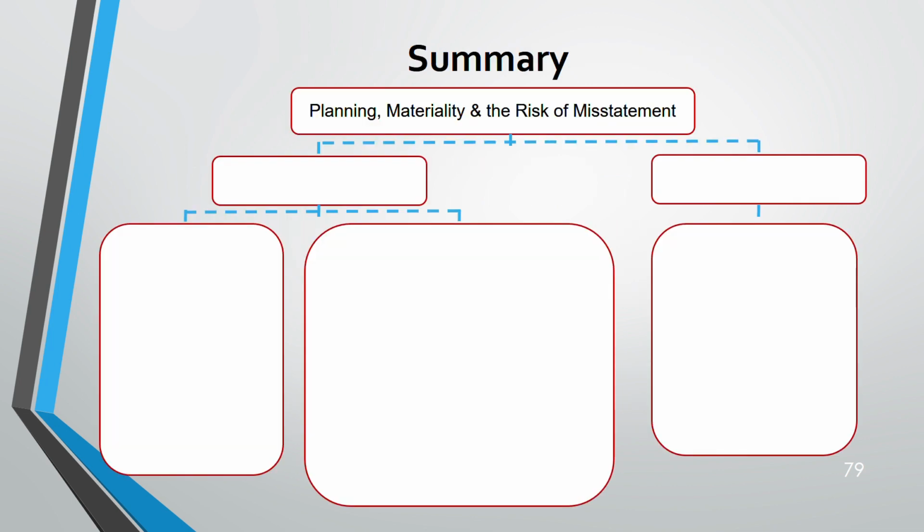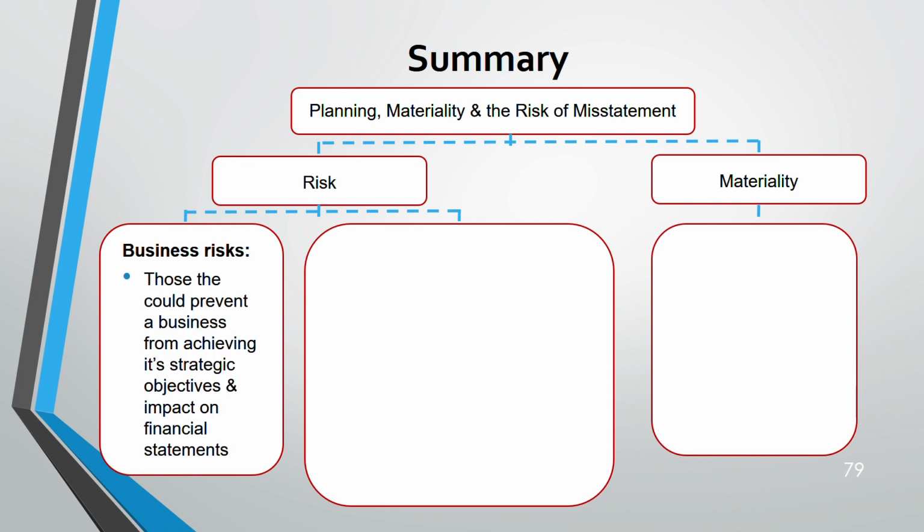Okay, so that's it for this. Let's summarize everything. We started with the risk and materiality. Business risk means anything that could prevent you from achieving your objective. It could be an adverse impact, event, condition, and hence, it will have an impact on your financial statement.